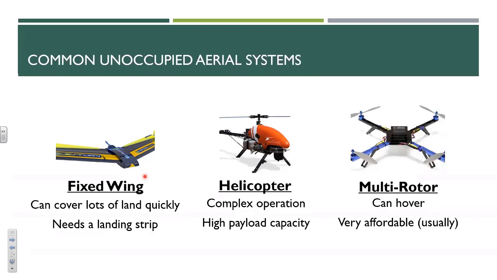But there's an issue since they're a little more complex to operate than other drones. And then finally, we have multi-rotor, which these are really good because they can hover. And so that means you could just stay flying right over one plot and get a lot of images over it instead of flying quickly like a fixed wing. And usually they're very affordable.